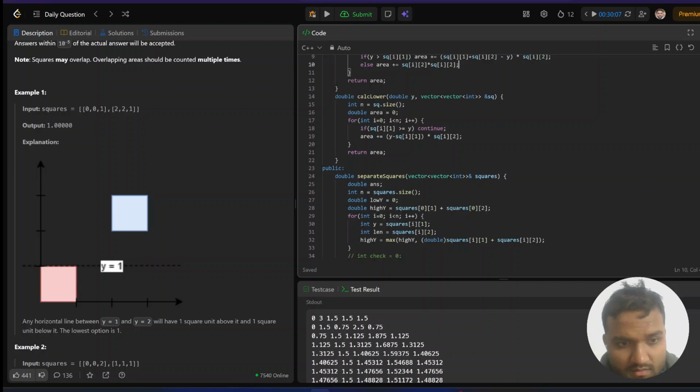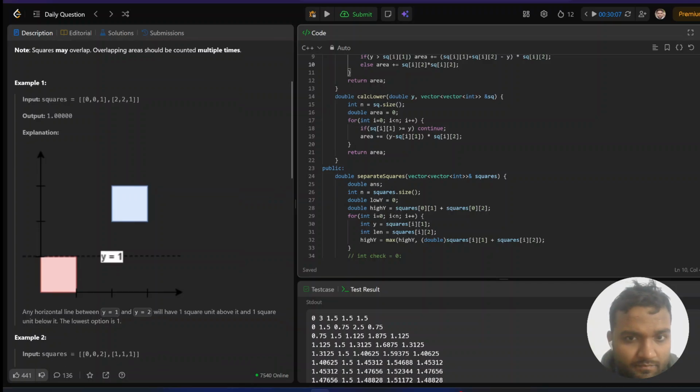Same in this case. This will happen when your y is what? Intersecting. That means y is greater than both. Y lies between this.